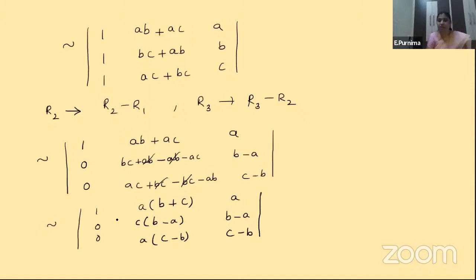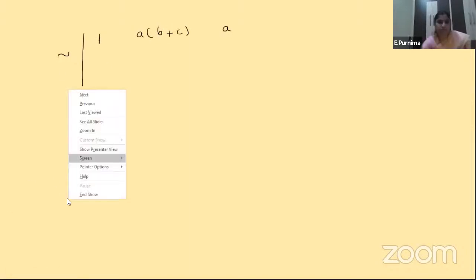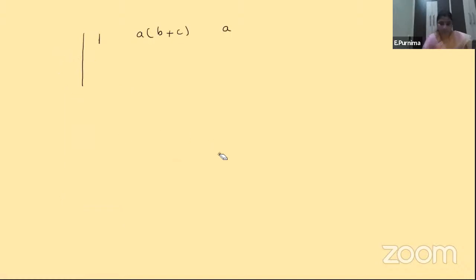Okay, so now let us write that step here. 1, A into B plus C, here A, and here 1. So what can I take common, children?